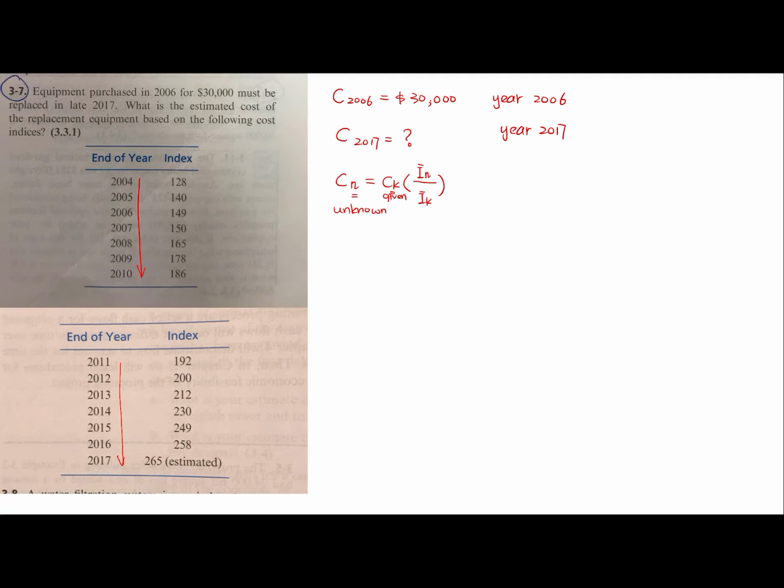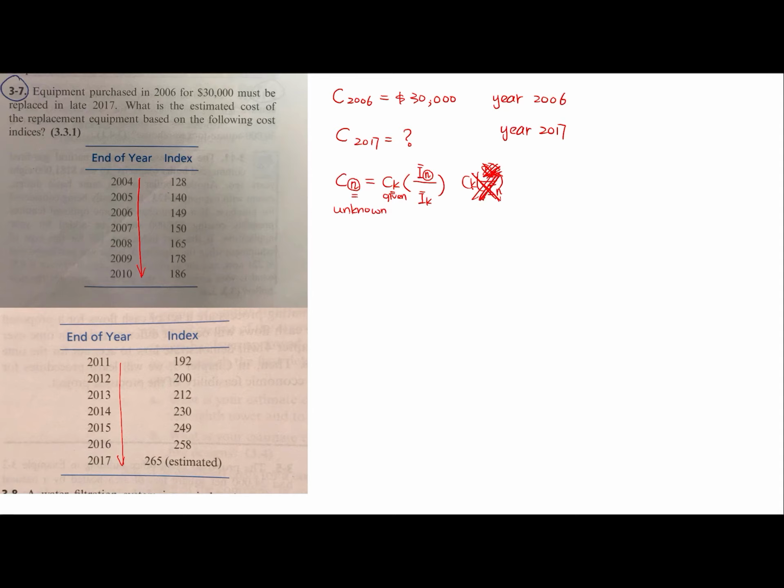You want to keep the Cn and In both above that bar. You don't want to write it as Ik bar over In bar times Ck, right? That's something you have to avoid. Okay, this is wrong. So the position of the Cn, Ck, In, Ik is very important.